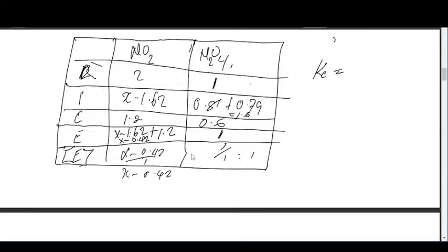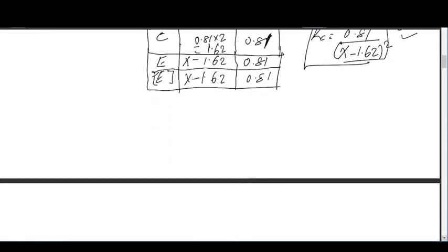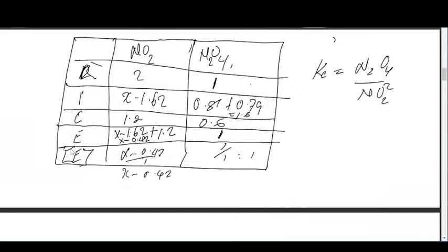Kc is equal to the product, which is the nitrogen tetraoxide, divided by nitrogen dioxide squared. But I found my Kc before. The value is 0.81 divided by x minus 1.62 squared, which is equal to the Kc.